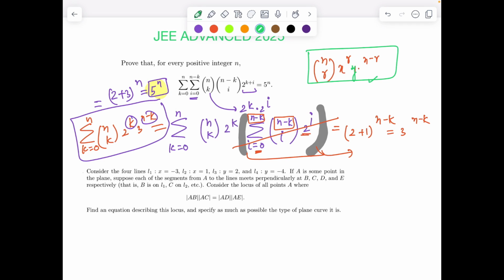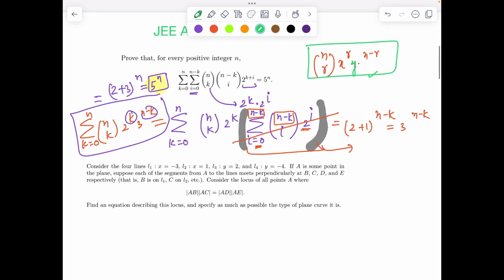The alternate solution of this problem can also be given from pure combinatorics logic. The term inside the double summation counts basically the number of ways to choose from a group of n people. So let's say I have a group of n people here. What does this count?